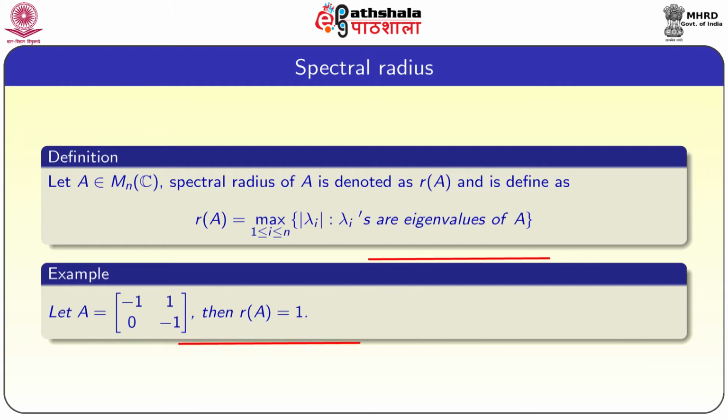So, the moduli of these two eigenvalues are 1. So, r(A) equals 1. Therefore, the spectral radius need not be an eigenvalue, it is the absolute value of the eigenvalues. But now we are going to show that for non-negative matrices, the spectral radius is going to be an eigenvalue. That is the reason we introduced this concept.